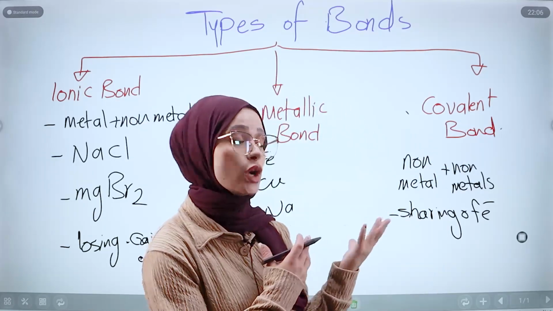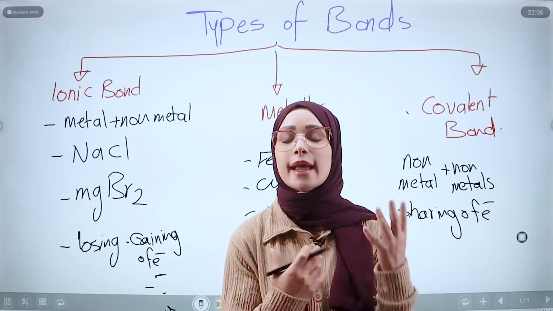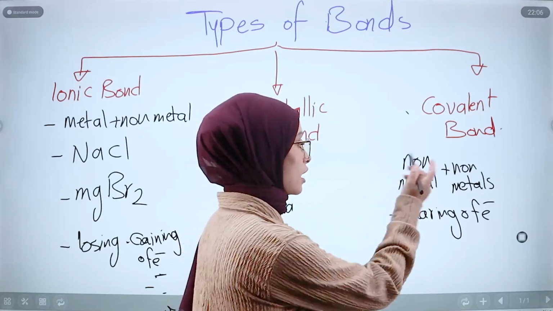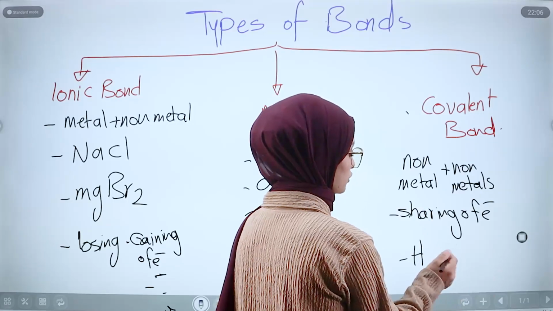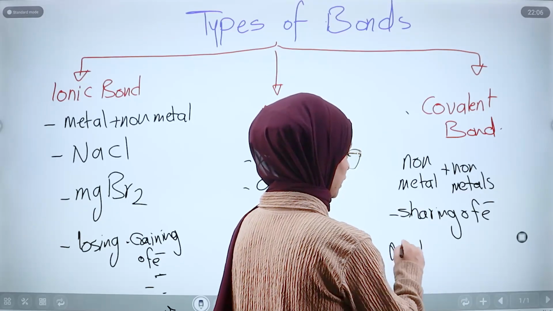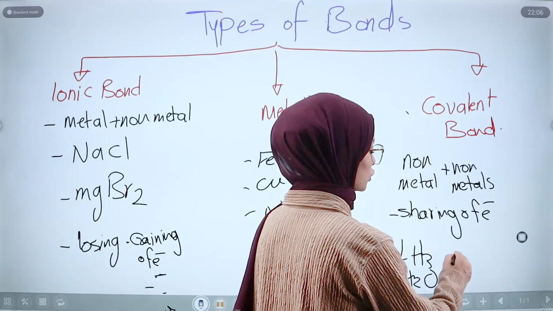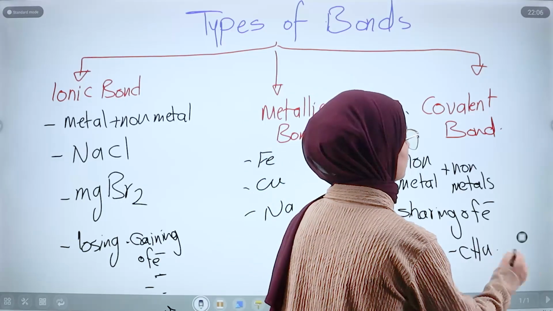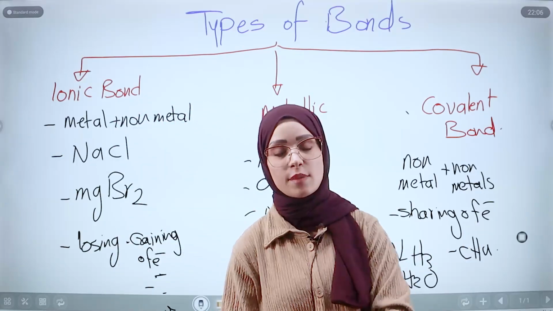We are going now to understand what we mean by losing, gaining, and sharing of electrons. For non-metals together, the most important covalent examples are NH3, which is ammonia, H2O, the water, CH4, the methane, and so on. You can see that all of these are nonmetals together.